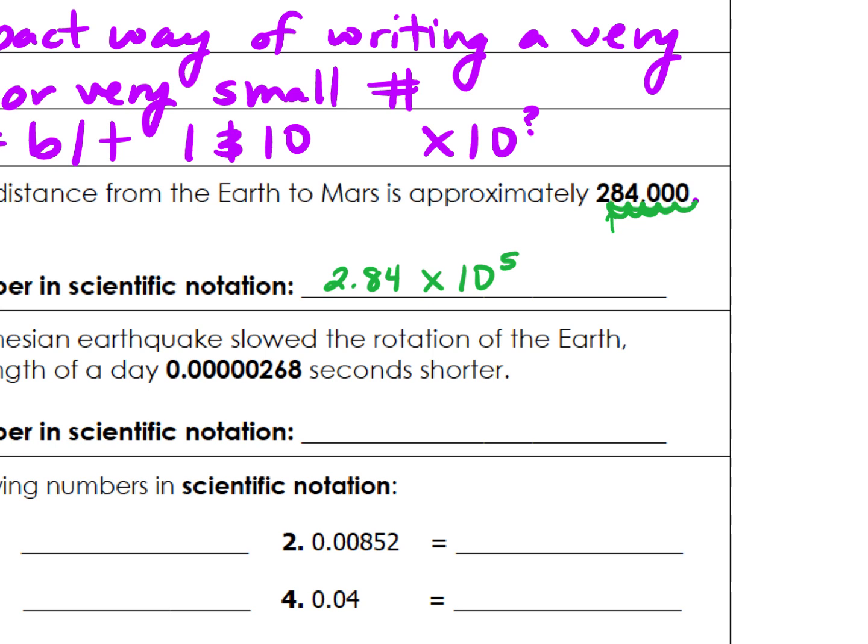If you plug 10 to the 5th power into your calculator, you get the number 1 with how many zeros behind it? 5 zeros, okay? So 2.84 times 10 to the 5th would go 1, 2, 3, 4, 5 numbers bigger to get us back to 284,000, okay?